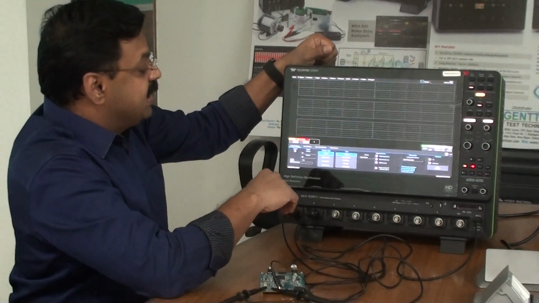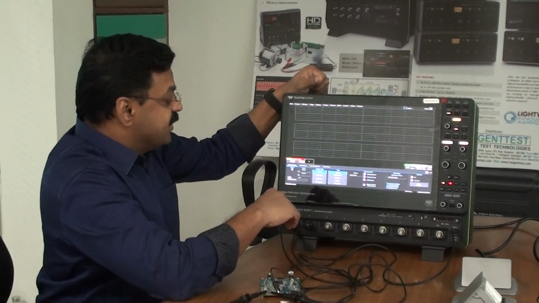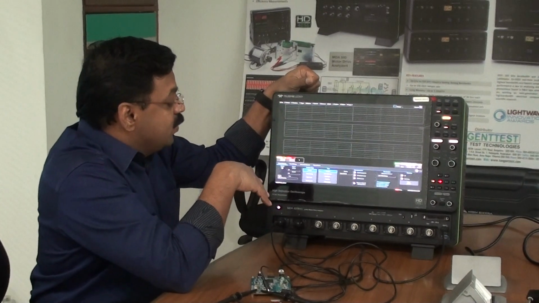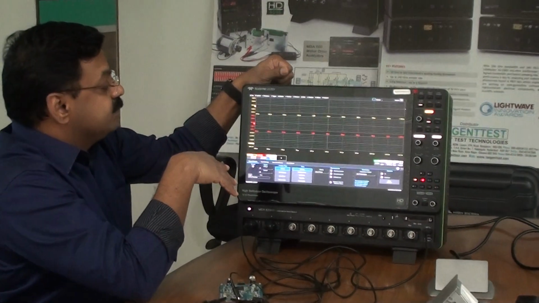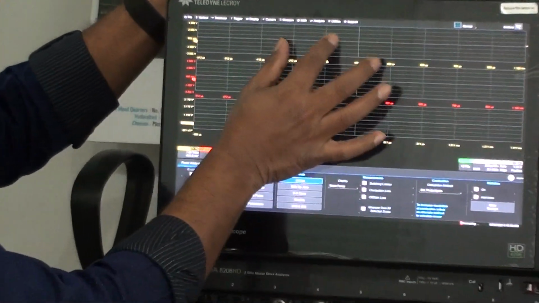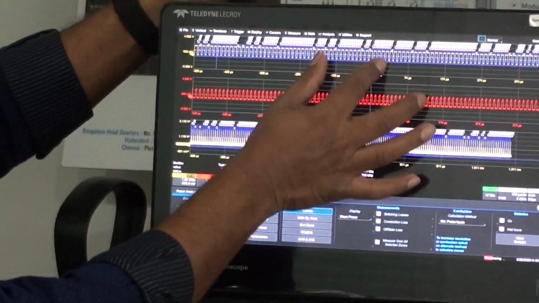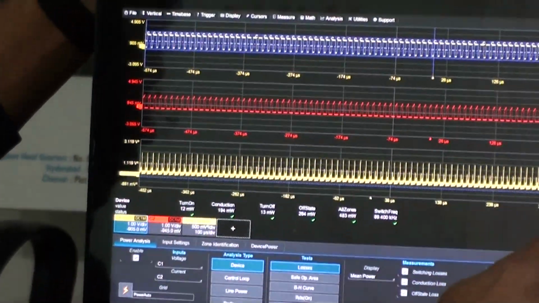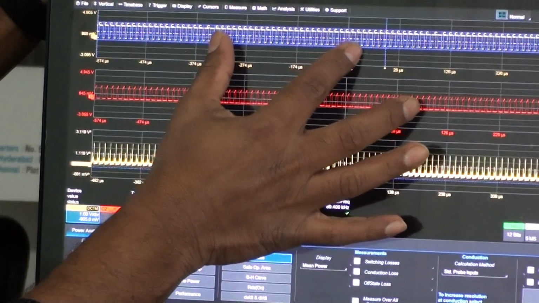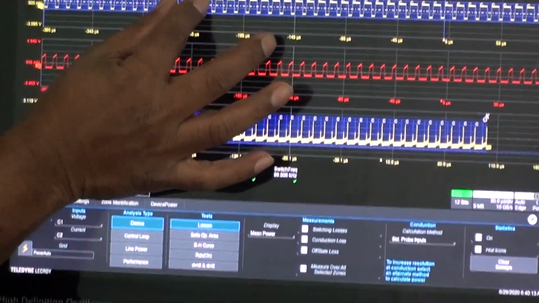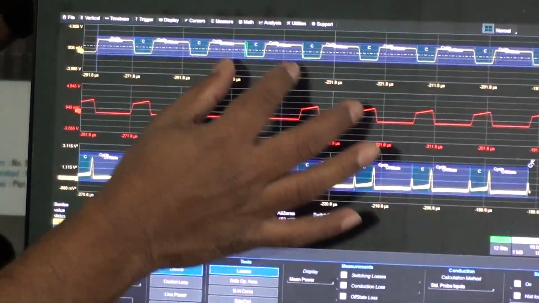I am just enabling the features that look into the decode of voltage and current. If you look at the features, we have voltage, current, and now a third one, which is the power. We'll be able to see all these in clarity. So let me zoom in and show you.